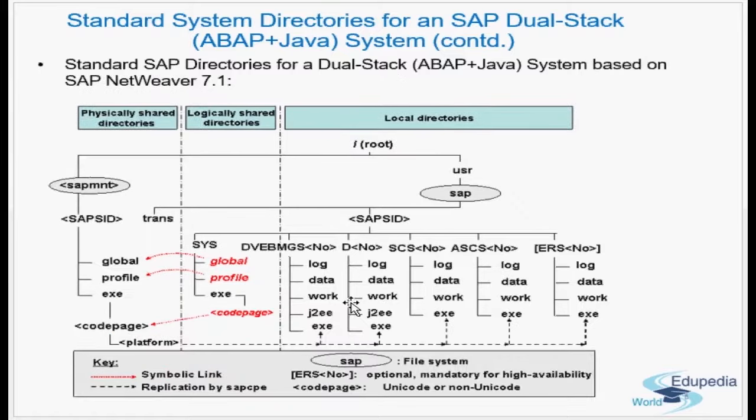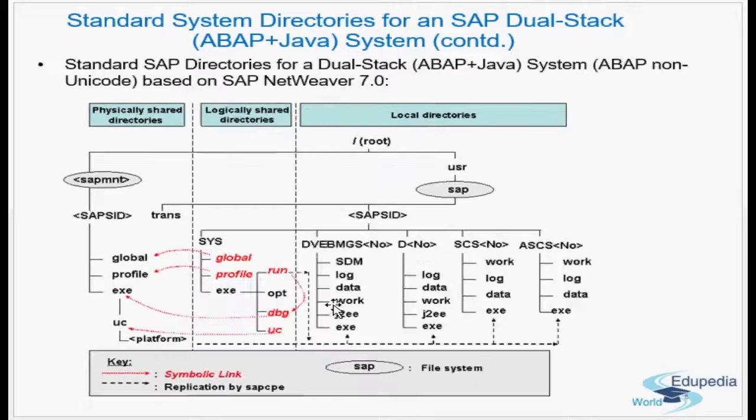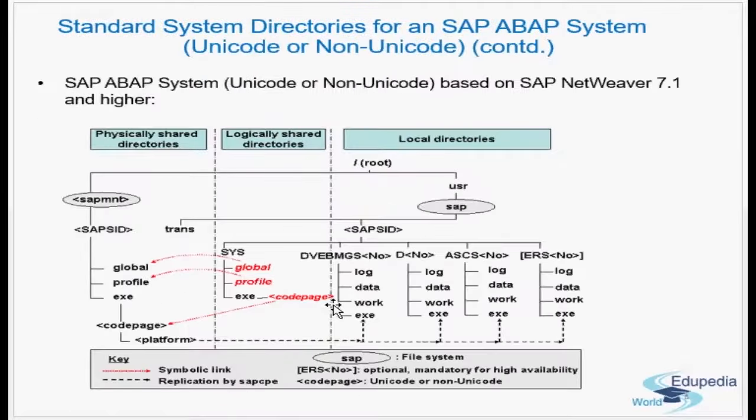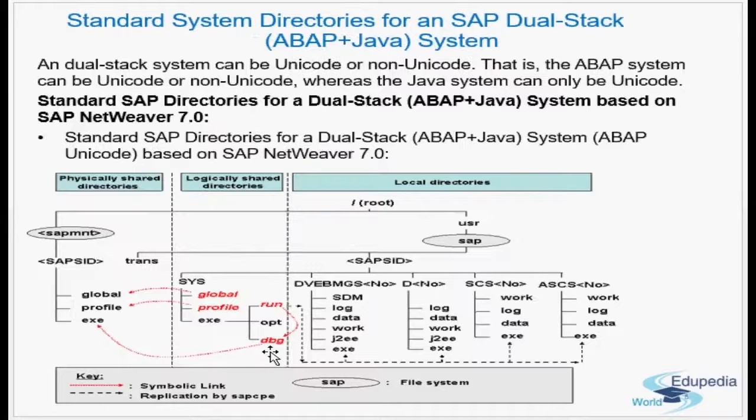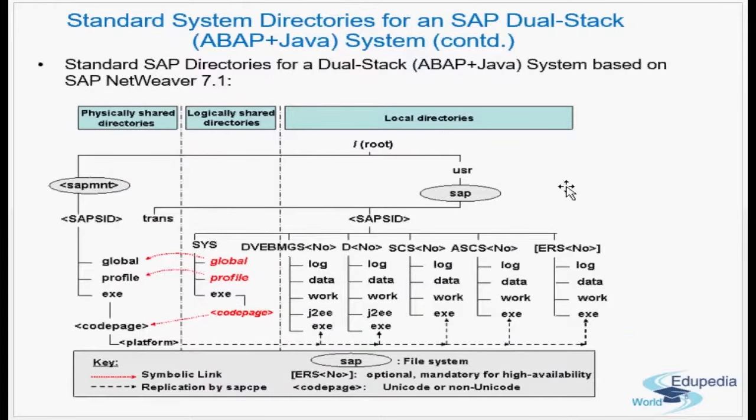Now we move to the dual stack. ABAP and Java are always Unicode in 7.1 and higher releases. So here this is similar to this one, ABAP. In 7.1 and higher, ABAP is Unicode or non-Unicode. Here you have code page. So here also in the exe you have code page.